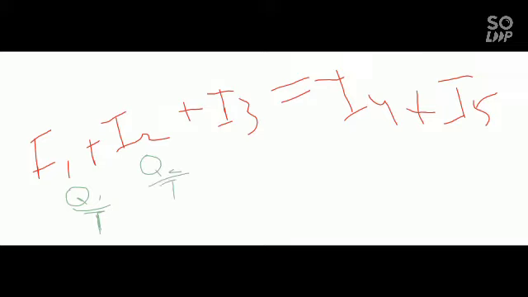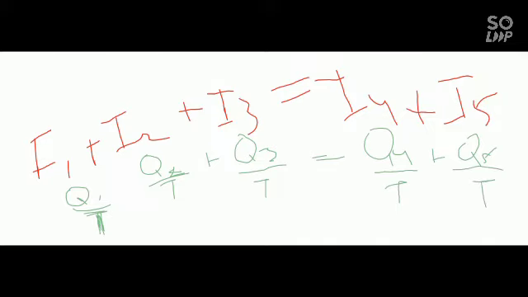Similarly, I3 is Q3 upon T. The time interval remains the same. Similarly, I4 becomes Q4 upon T, and I5 becomes Q5 upon T. As you can see, T is present in all, and we can cancel these T's.